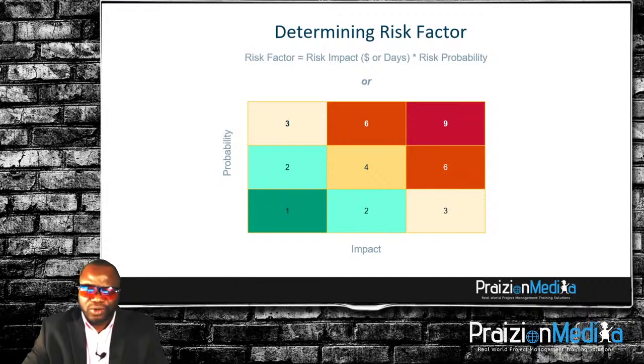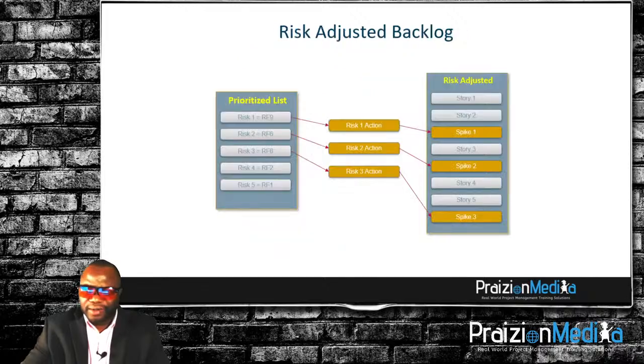So assuming we score certain backlog items and the risk associated with them, we understand what is risky and what is not as risky, and we can go into our backlog, as you can see on the screen, and decide certain risk actions or spikes that are associated with risks that could impact our backlog items.